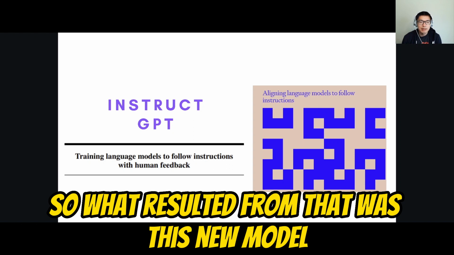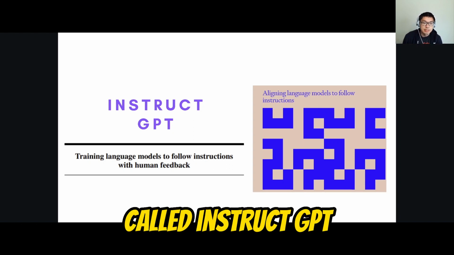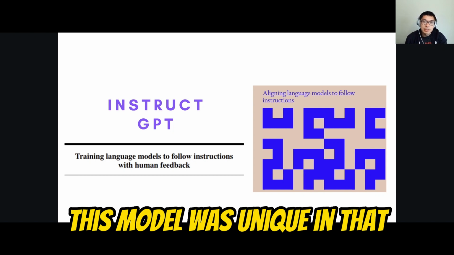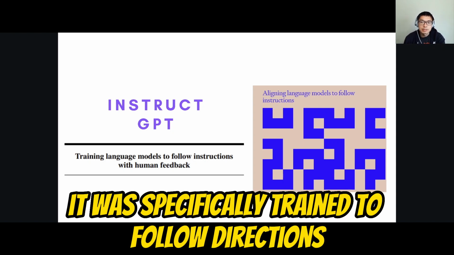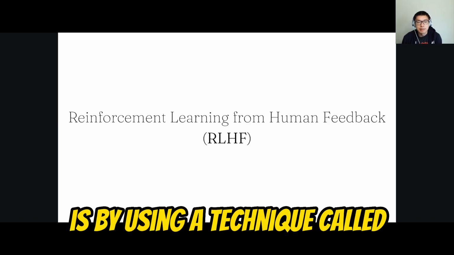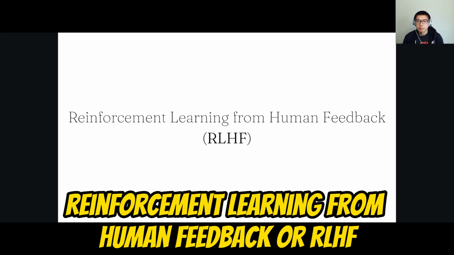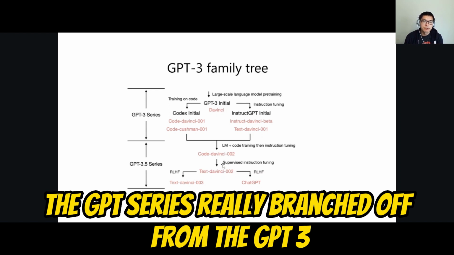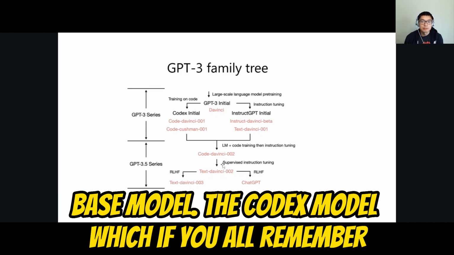So what resulted from that was this new model called InstructGPT, or the early stages of GPT 3.5. This model was unique in that it was specifically trained to follow directions and make it more aligned to human feedback. How they went about doing this is by using a technique called reinforcement learning from human feedback, or RLHF. And as you can see from this family tree, the GPT series really branched off from the GPT-3 base model.